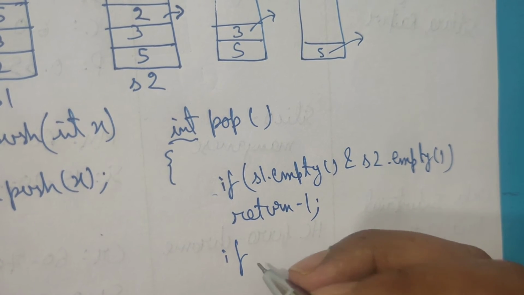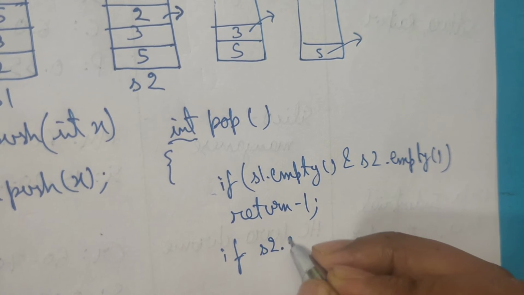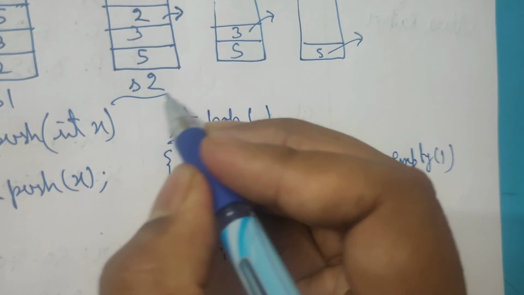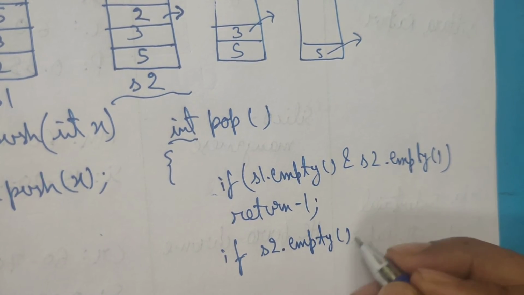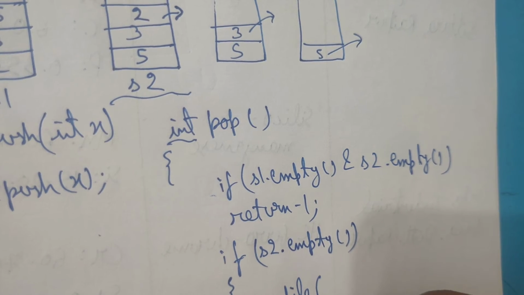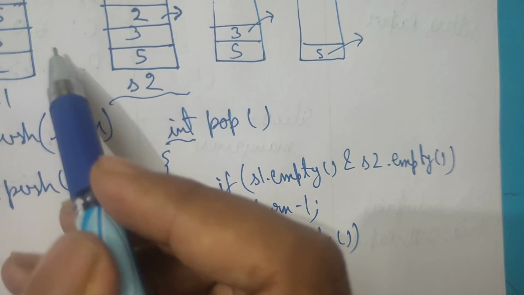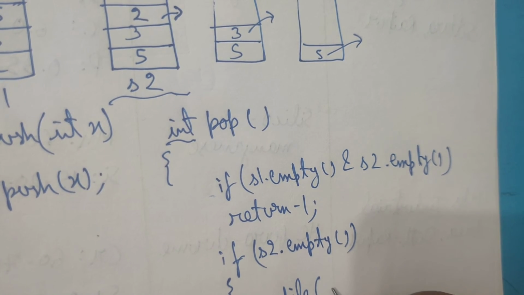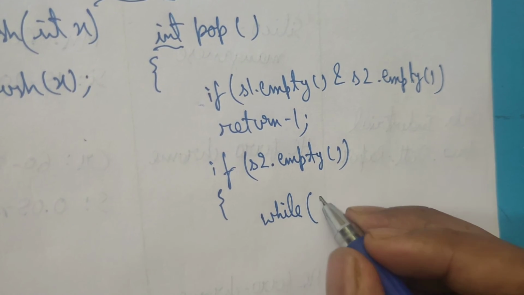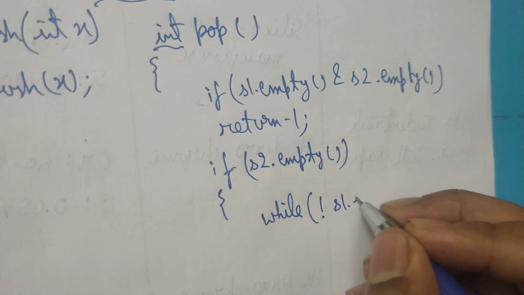Otherwise, we check if stack S2 is empty. If it is empty, then we check stack S1 and transfer all the elements of stack S1 into stack S2. We use a while loop with the condition that while S1 is not empty.